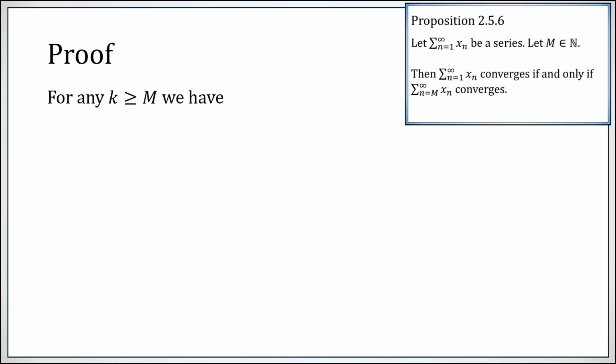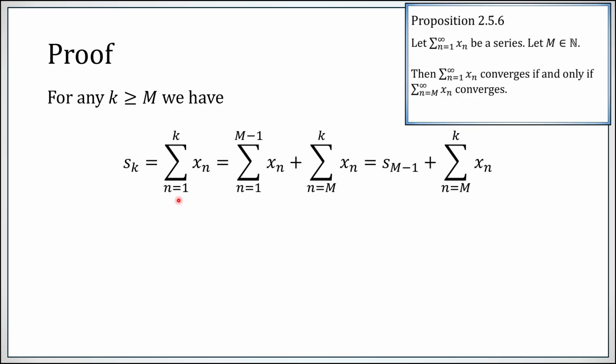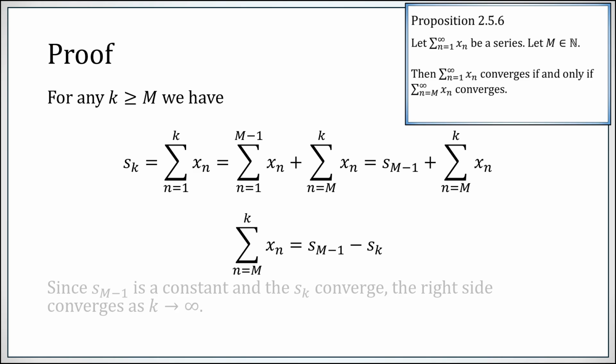Now for any k bigger than or equal to M, we can write the following. The kth partial sum, instead of going from index 1 to k, go from index 1 to M minus 1 and then from index M to k. Observe that this term here is just the M minus 1 partial sum. Now if we subtract that over to the other side, we can state that the sum going from capital M to k is one partial sum minus another.